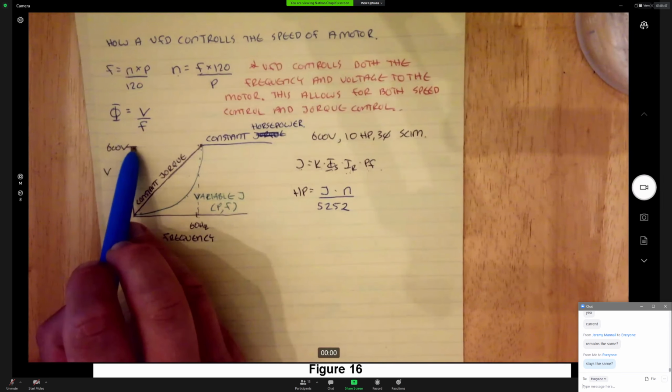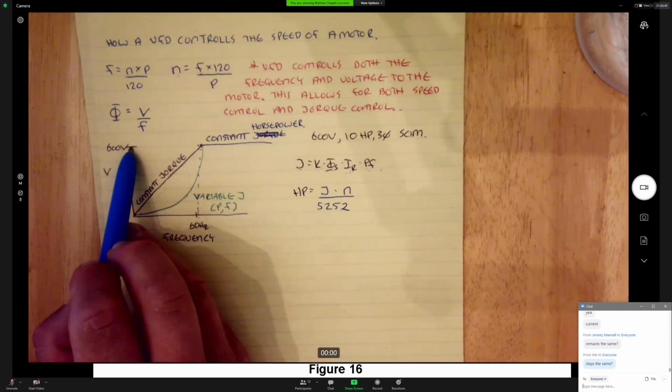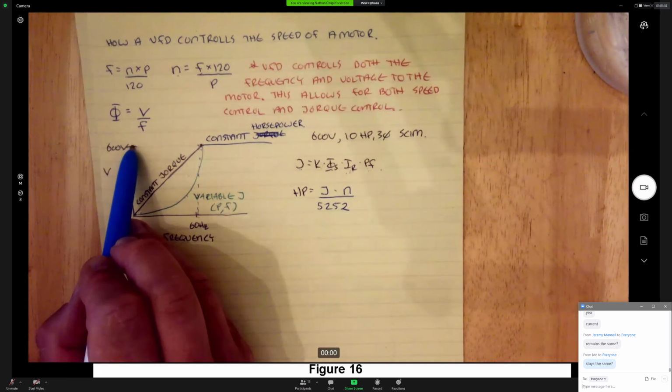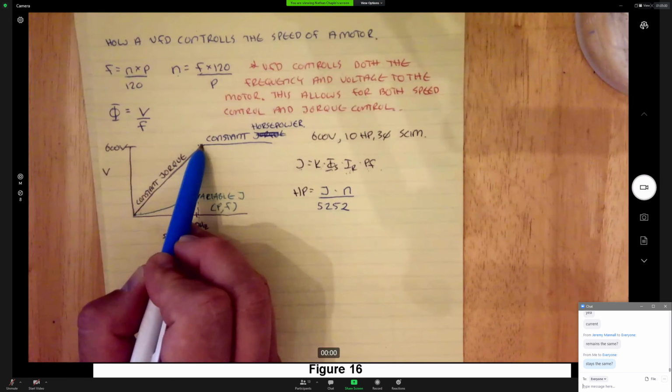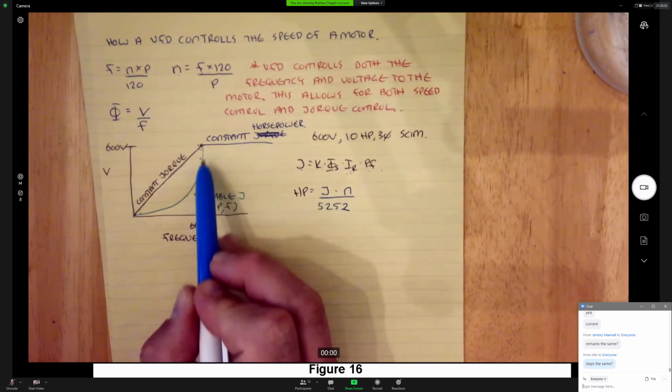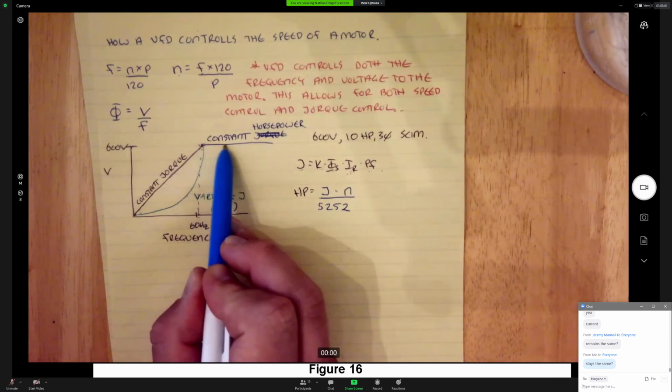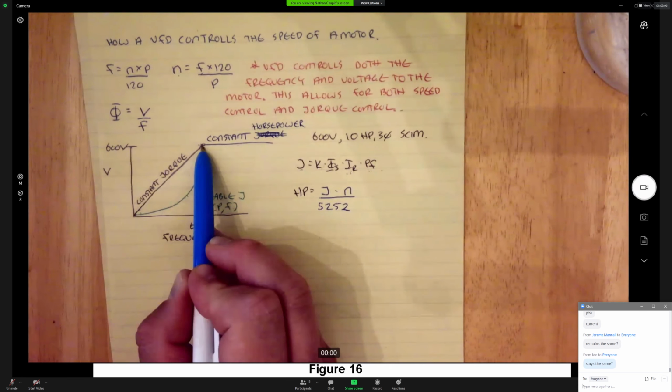So if we have a 600 volt system supplying a 600 volt VFD to power a 600 volt motor, 600 volts is our maximum voltage that we're going to output, or an equivalent 600 volts. So if we increase beyond this 60 hertz, voltage stays constant.